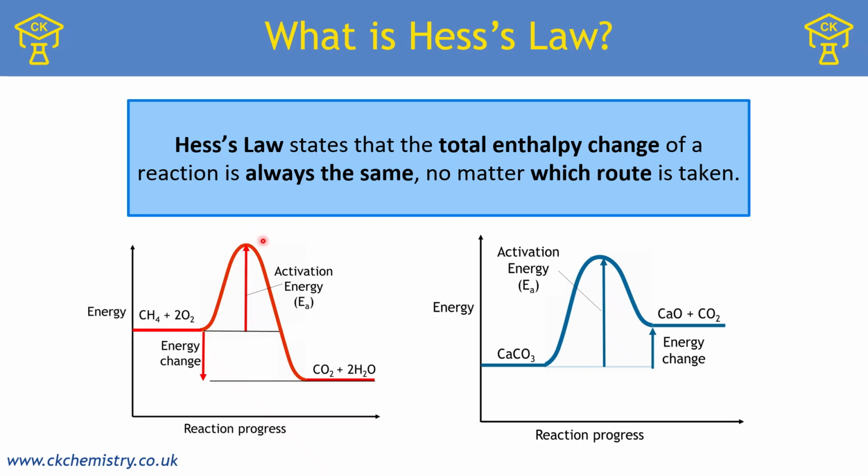The bonds might be covalent or they may be ionic in the case of, for example, calcium carbonate. And then our activation energy is labelled on both of them. It's from the reactants to the highest point in the chemical reaction, and that is basically related to the minimum amount of energy needed for a collision between particles to be successful for the reaction to happen.